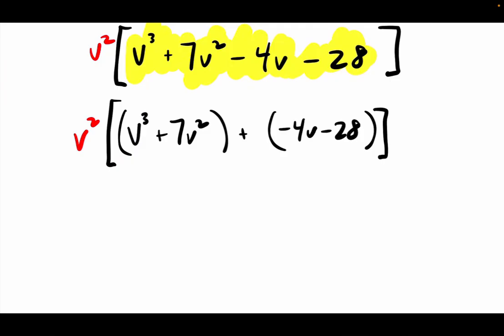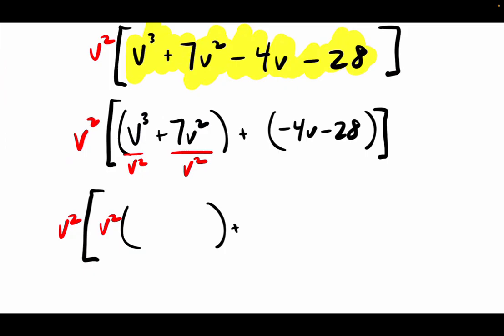So the first guy, there's going to be a v squared, right? I already have a v squared in front, remember? Now I have another v squared, and that's going to leave a v plus 7.